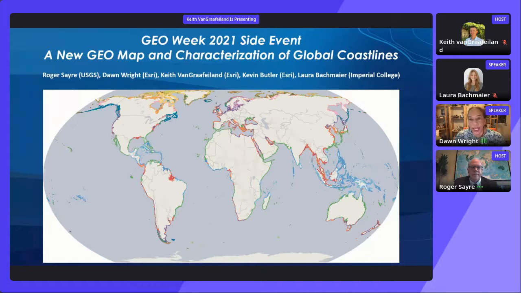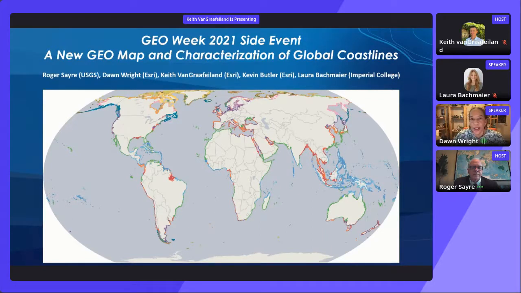He also leads the GEO Global Ecosystems Mapping Activity, which has been in place since around 2014 to produce standardized, robust, practical global ecosystem maps for terrestrial, marine, and freshwater environments. And of course, we're going to focus on the coastal environment today.